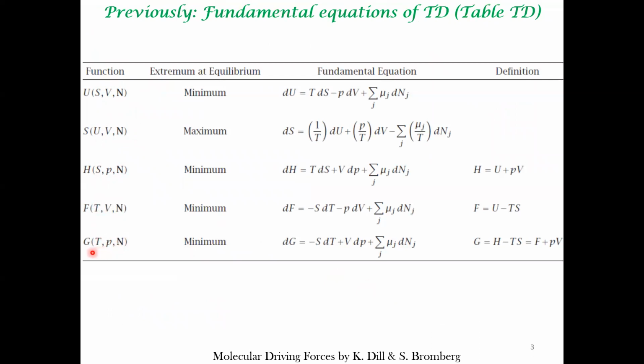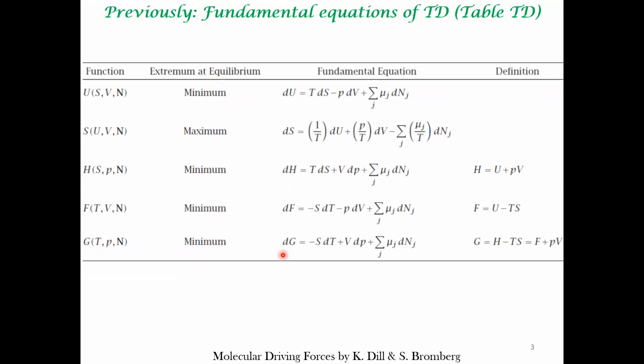For example, in this experiment, you are keeping temperature, pressure, and total number of molecules constant. For such a boundary condition, for such an experiment, the natural thermodynamic potential is Gibbs free energy. That takes an extremum value, in this case, a minimum value.